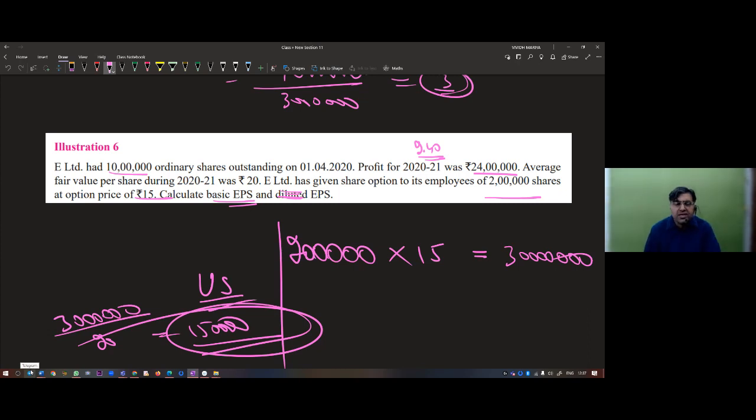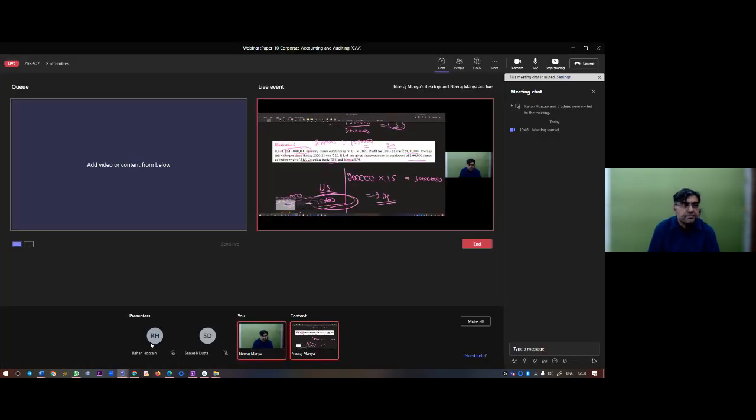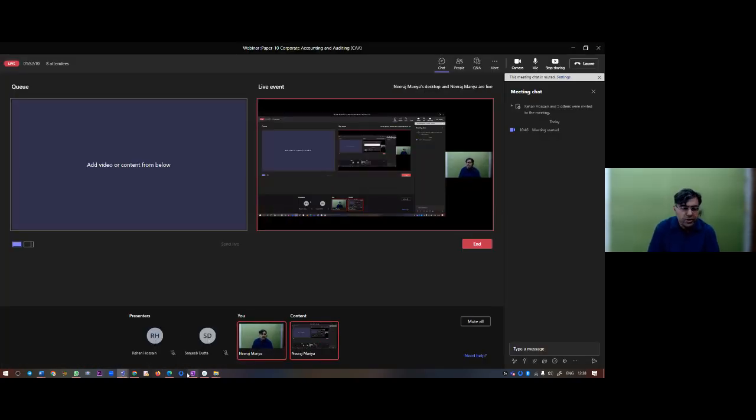You have issued 2 lakh shares. So this is as good as virtually giving 50,000 shares free. So 24 lakhs divided by not 10 lakh shares, virtually it is 10 lakh 50,000 shares. 24 lakhs divided by 1050. Answer is 2.29.